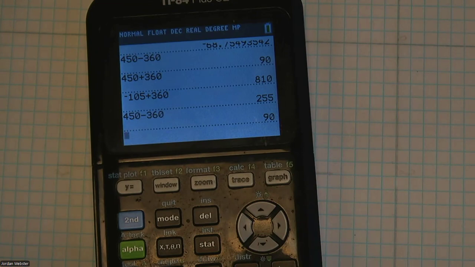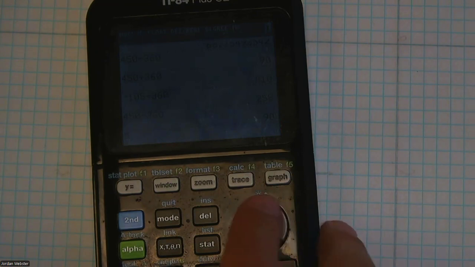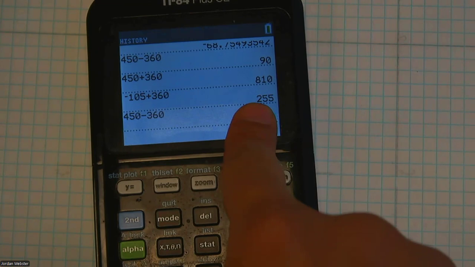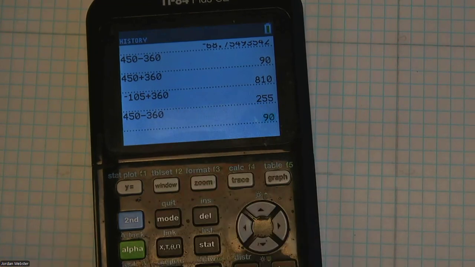Here's what I would do. So on the degrees, I just added and subtracted 360 till I got an angle between 0 and 360. Okay. With the radians, I'm going to do that as well.